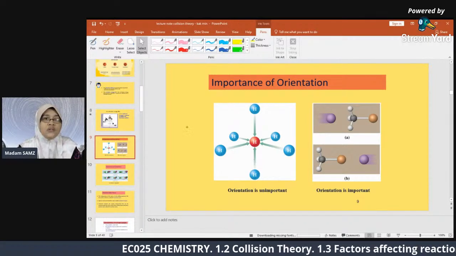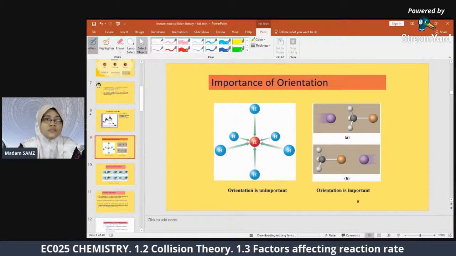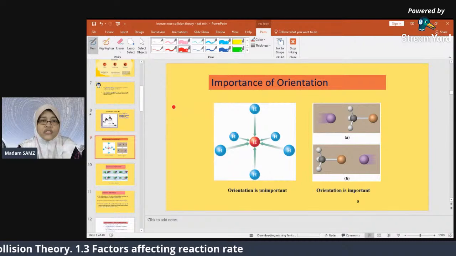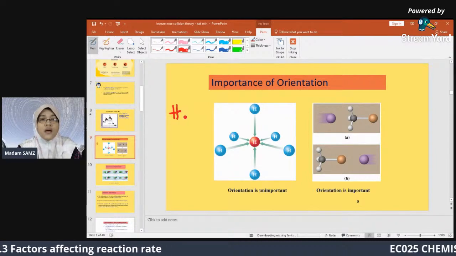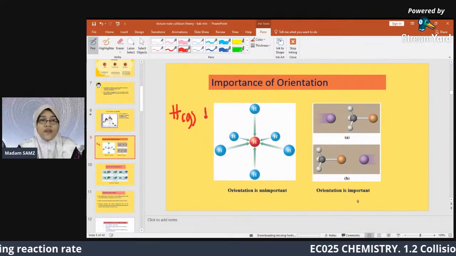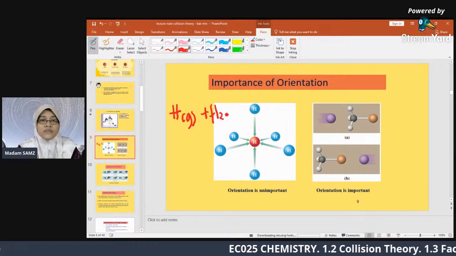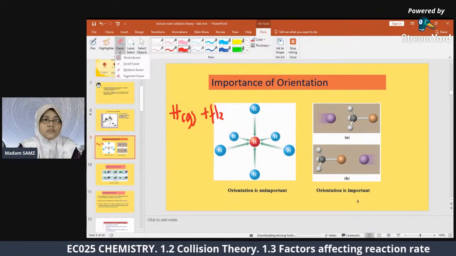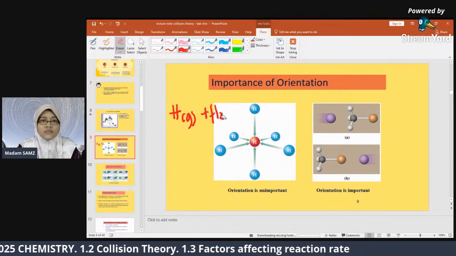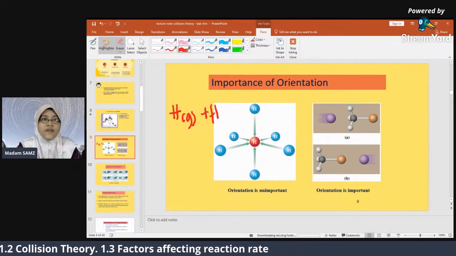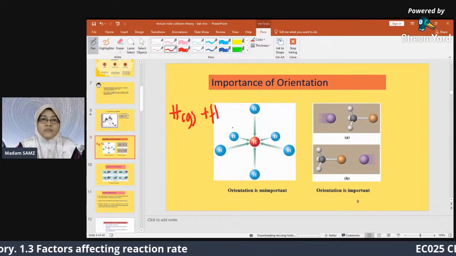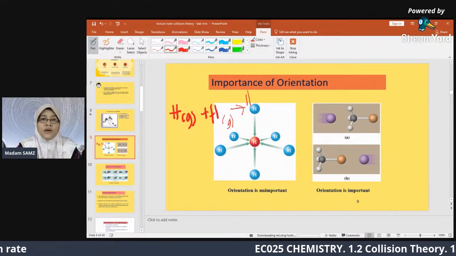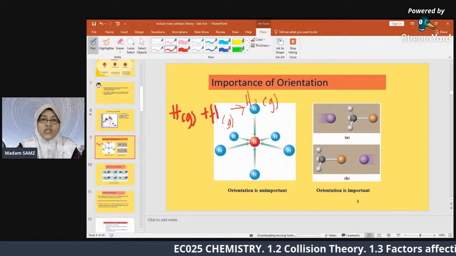For example, if we have a hydrogen atom reacting with another hydrogen atom, it will form a hydrogen gas molecule.